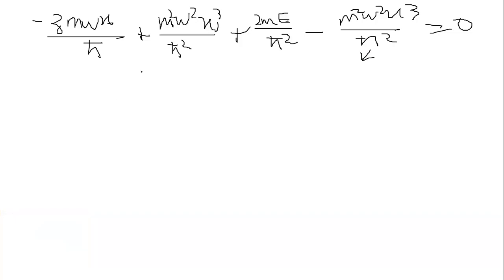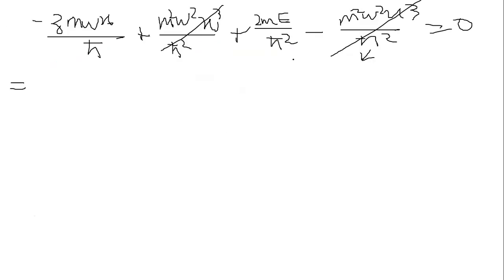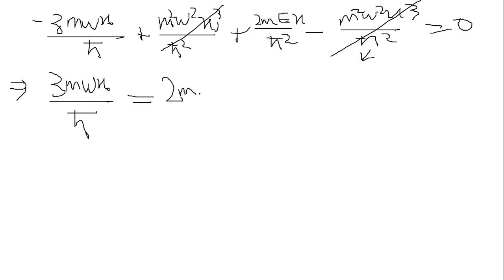So when we calculate, this term is equal and negative, so they will get cancelled out. Then it will be 2mEx by h cross square, because this x is there. So the minus 3 will go to that side, so it will be 3m omega x by h cross equals 2mEx by h cross square.